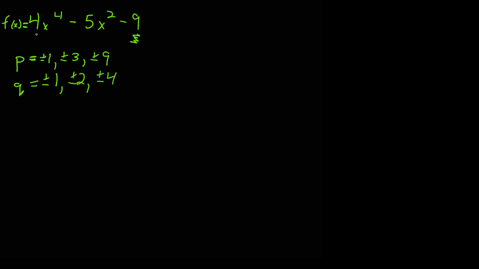And we get these factors from the leading coefficient. So 4x to the fourth minus 5x squared minus 9 gives us these possible factors, which means our possible solutions, our possible p over q's, are plus or minus 1, plus or minus 3, plus or minus 9.